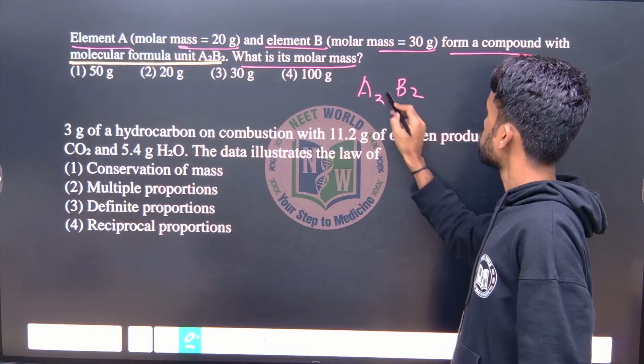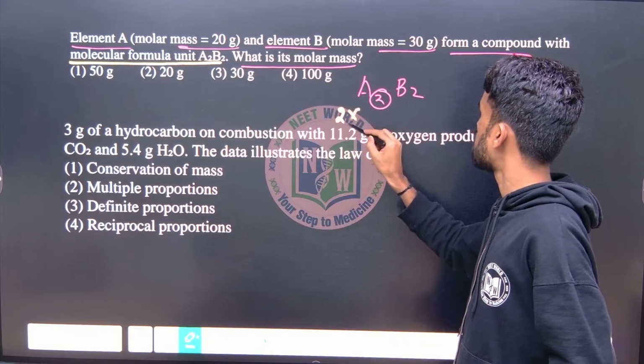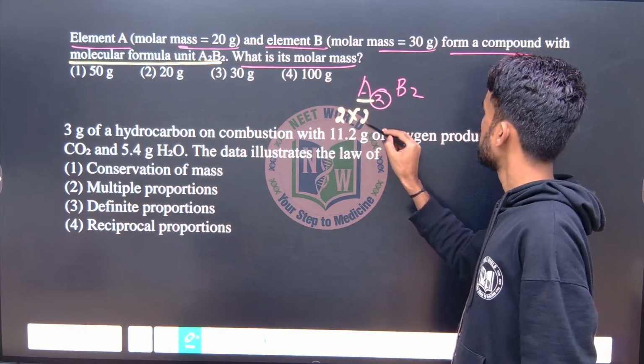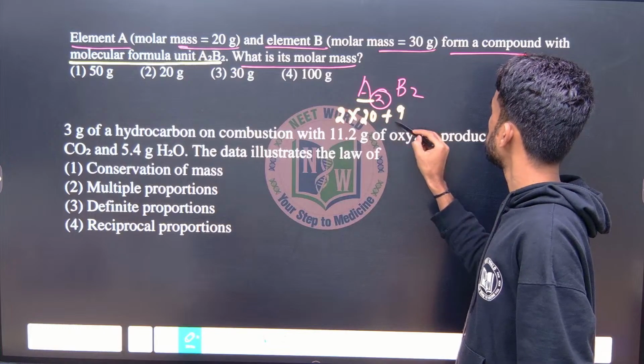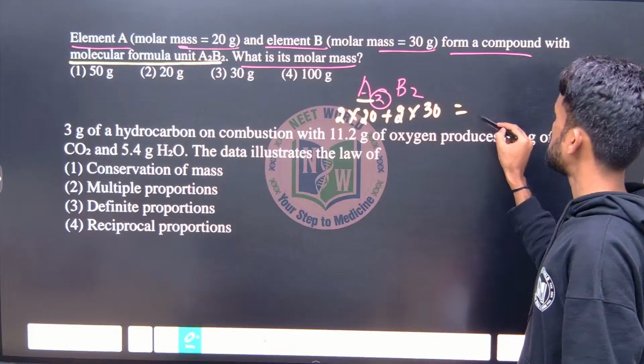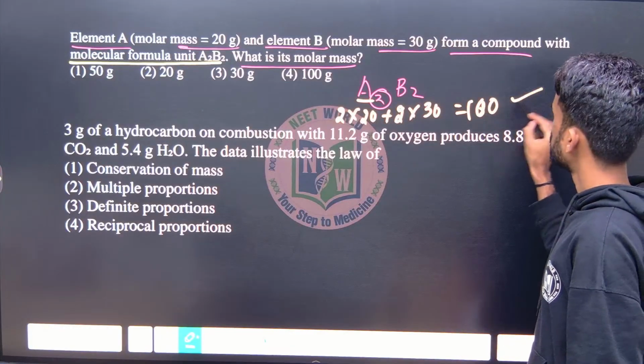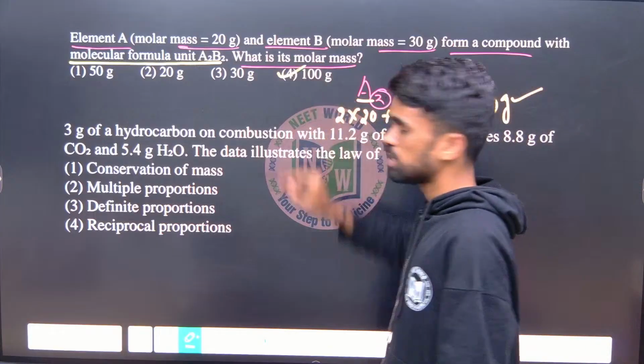How many A's are there? 2 into the molar mass of A, 20, plus 2 into 30. So 40 plus 60, 100 grams.